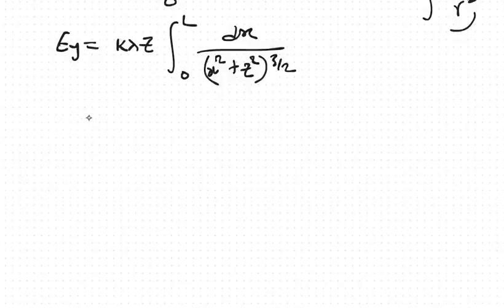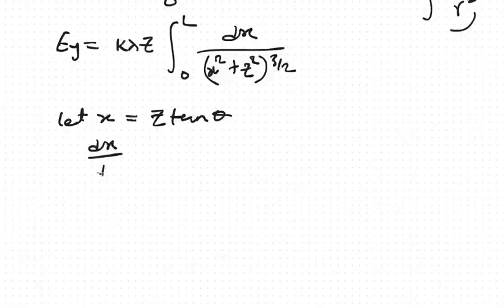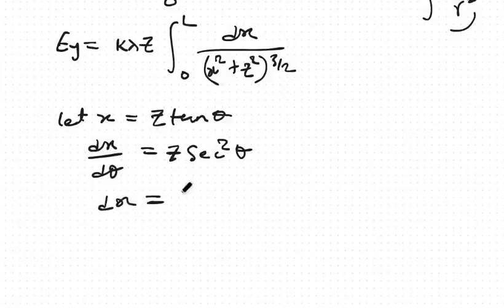And to integrate this, we have to make some assumption. You can say let x be equal to z tan theta. And if x is this, then the differentiation of x with respect to theta will be equal to z sec squared theta. So dx now will be equal to z sec squared theta d theta.